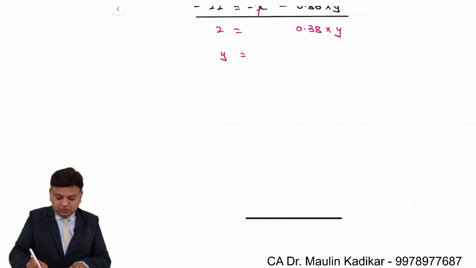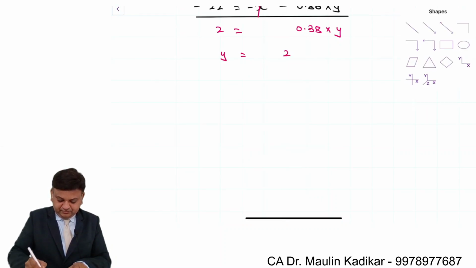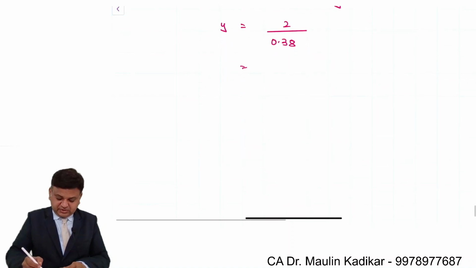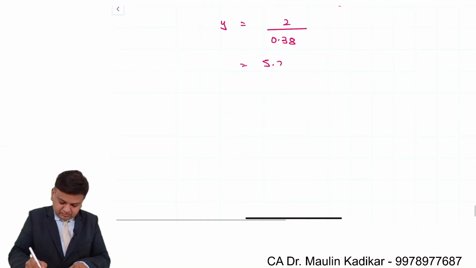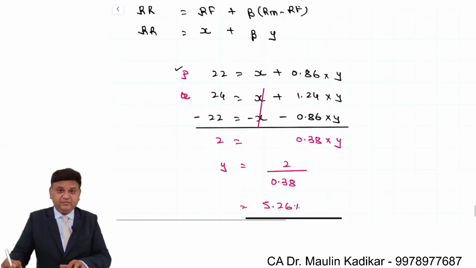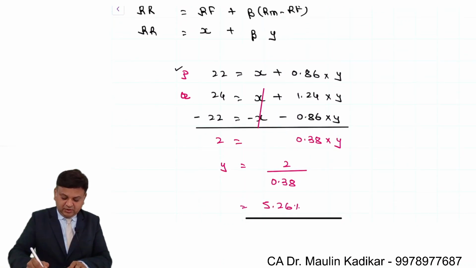So Y is equal to 2 divided by 0.38. That comes to 5.26%. This is the way the value of Y can be calculated. Once you compute the value of Y, X will be found as balancing figure.